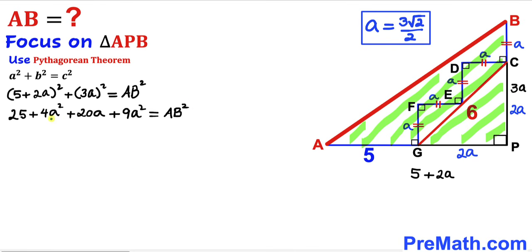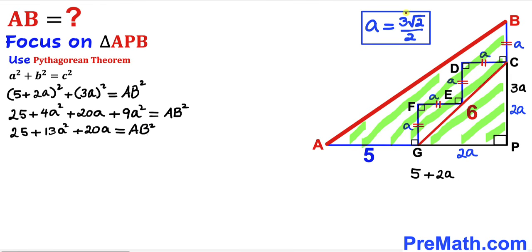Now we are going to combine these like terms. So we can write 25 plus 13 times a squared plus 20 times a equals AB squared.